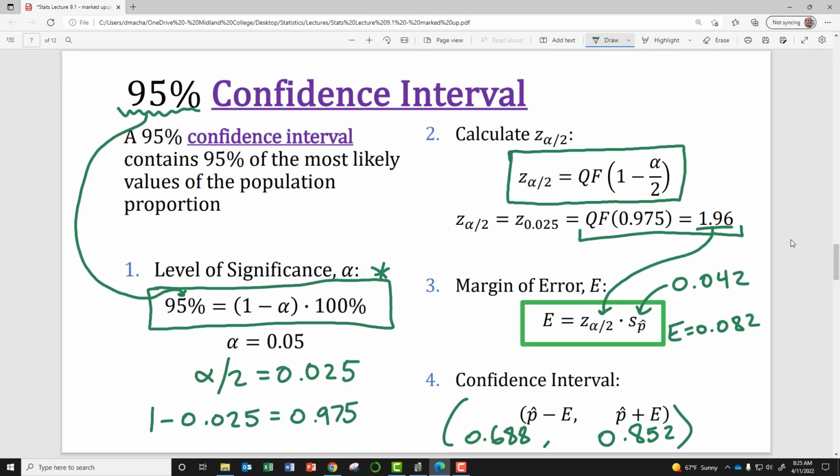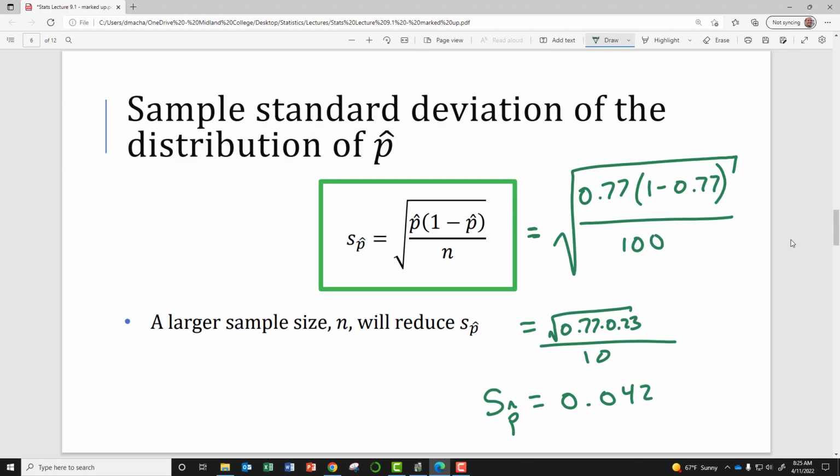A few things to notice, though, before we move on, is that the margin of error is basically half the width of the confidence interval. You multiply times this s with subscript p hat. And in calculating this, we divide by the square root of n, but that means if n grows larger, then s subscript p hat is going to get smaller.